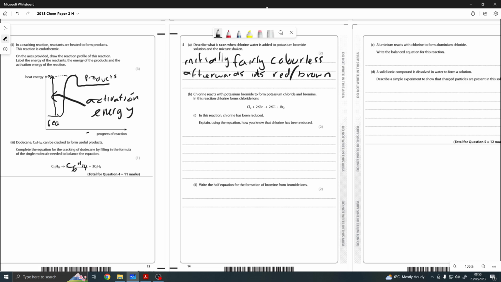So remember, chlorine atom forms chlorine ions, and when Cl2 goes to 2Cl minus, it gains an electron, okay? So the chlorine gains an electron, okay, and that forms chloride ions.